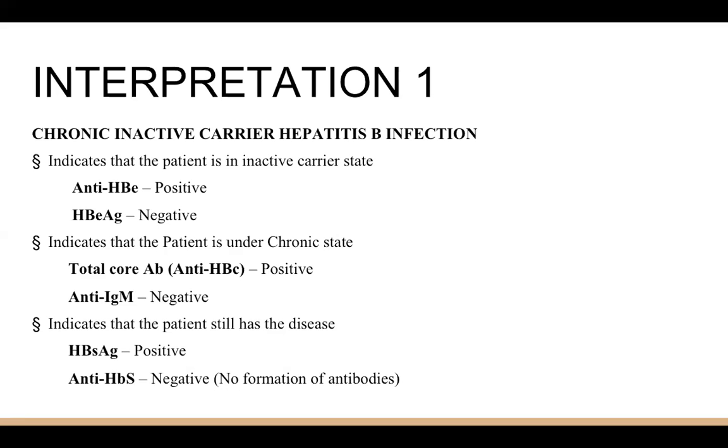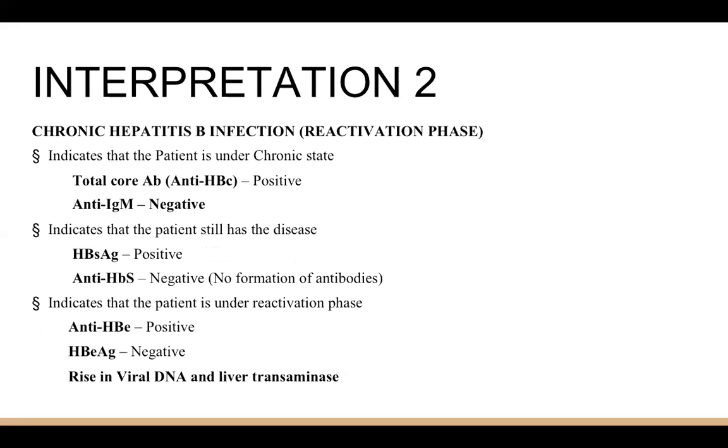For the second interpretation, chronic hepatitis B infection or reactivation phase. Since the total core antibody or anti-HBc is positive and anti-IgM is negative, the patient is in a chronic state. The HBsAg is positive and anti-HBs is negative, which indicates that the patient still has the disease.